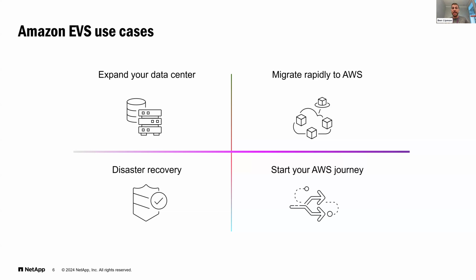You can use EVS as a data center extension. And what we call that is that burst to cloud model where you're extending your data center to add capabilities or compute, and then you're moving workloads back and forth. Maybe there's a seasonal burst and you want to move a stack to the AWS side so it can grow really big and shrink back down. So that's one of the use cases.